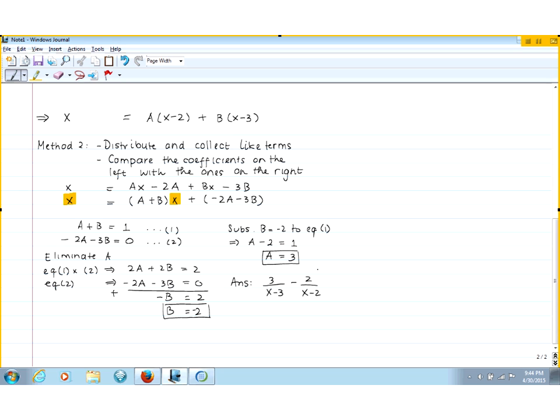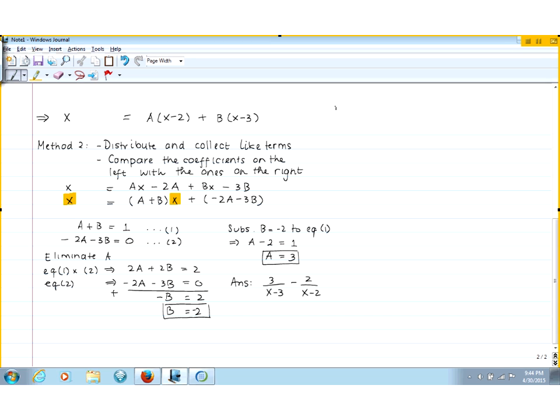Alright, now let's do case 2, which is linear factors, some of which are repeated. Okay, so I think we will use the next page.